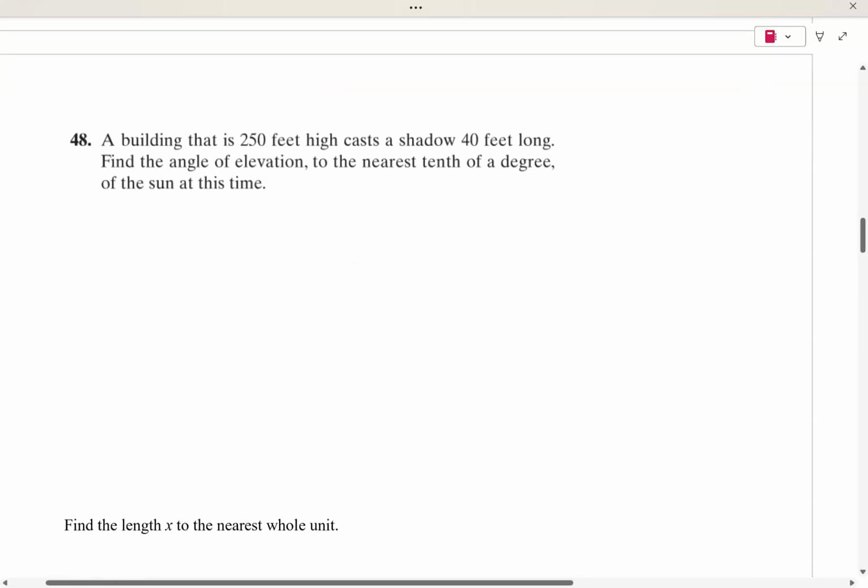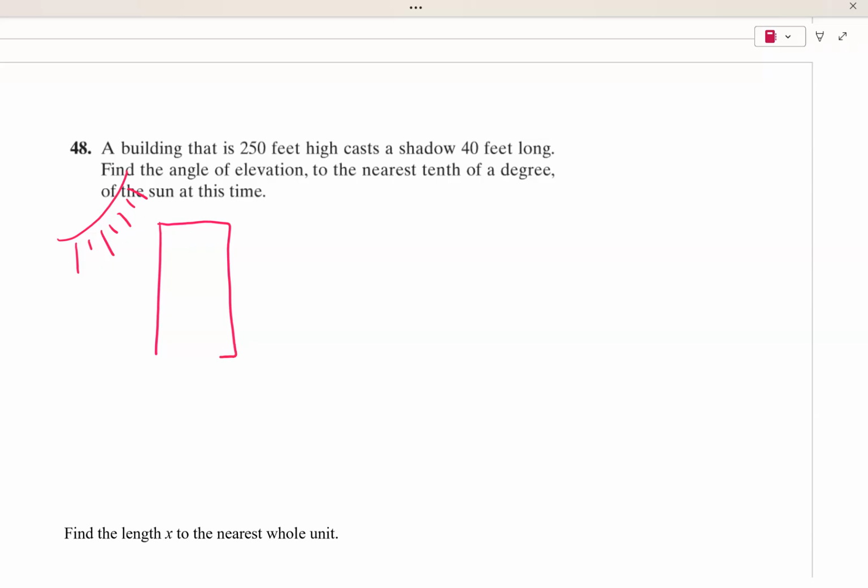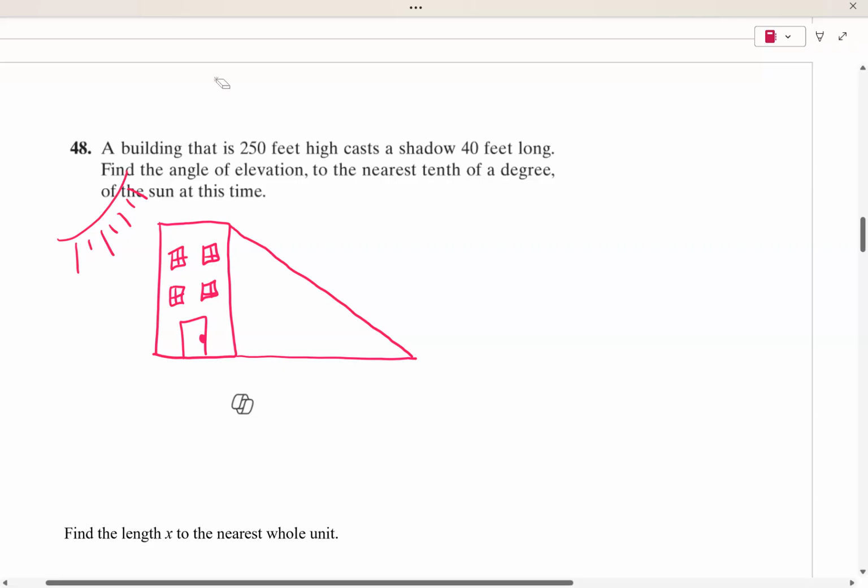So we got a sun, and we got a building. It's casting a shadow, and the building is 200 feet, the shadow is 40 feet. And this is 250 feet. Find the angle of elevation.